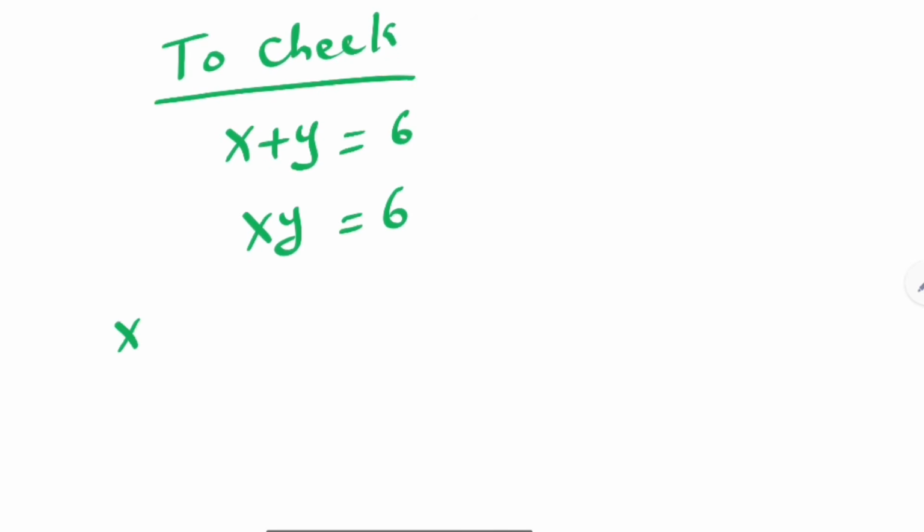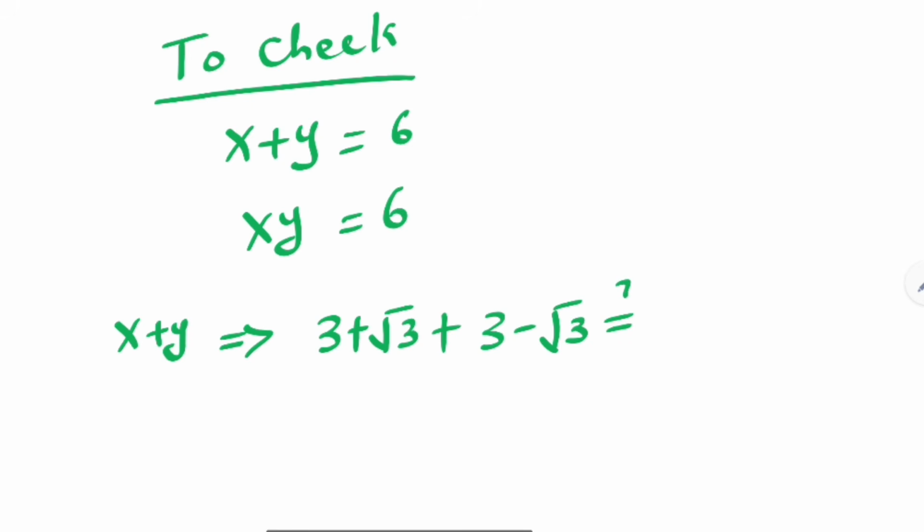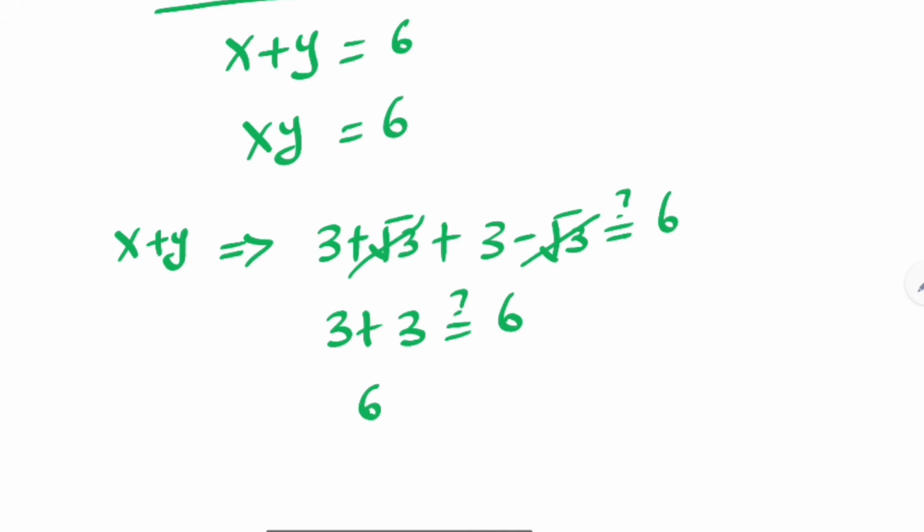Then x plus y, this is 3 plus root 3 plus 3 minus root 3 must be equal to 6. This root 3 cancels this root 3. Then we have 3 plus 3 must be equal to 6. 3 plus 3, this is 6, is equal to 6, which is true.